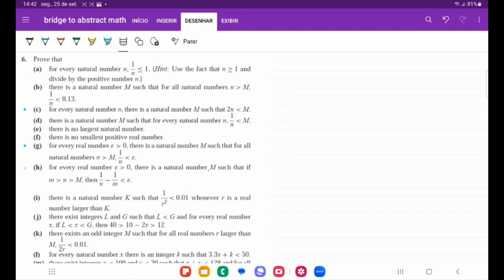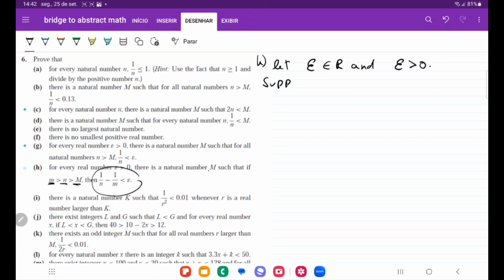Okay, so for H, we're going to have something that's very similar. We're going to have that for every real number epsilon greater than 0, there's a natural number M such that if little m is greater than n, which is greater than capital M, then this stuff here is true. So what we're going to say here is let epsilon belong to the set of real numbers and epsilon be greater than 0.